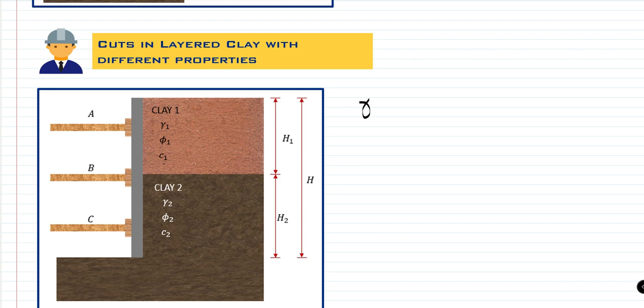So, we can have unit weight of the two soils as gamma bar times the total height is equal to gamma 1, yung unit weight nung first clay or clay number 1, then height niya, which is H1, plus gamma 2, or unit weight number 2, nung clay number 2 natin, and yung height nung clay number 2 natin.